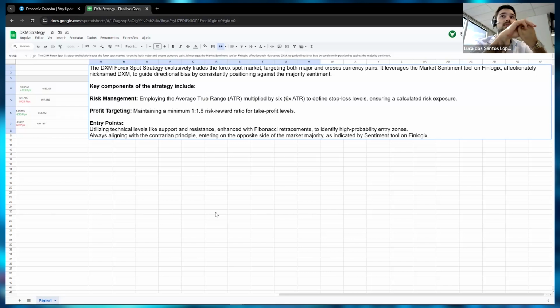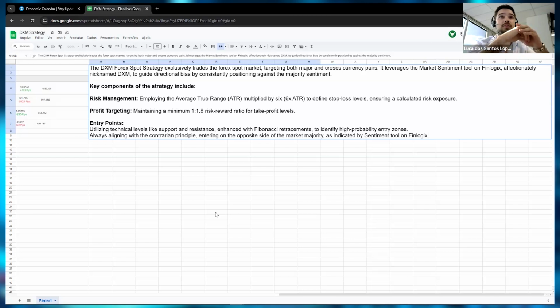We target both majors and crosses currency pairs, so major pairs like G10 economies and cross pairs as well, like AUD and NZD, etc. We leverage the market sentiment tool on FinLogics, affectionately nicknamed DXM, and this guides us to what directional biases we're going to take, consistently positioning against the majority sentiment. The key components of the strategy include risk management, employing the average true range, the ATR multiplied by 6, to define the stop loss levels.